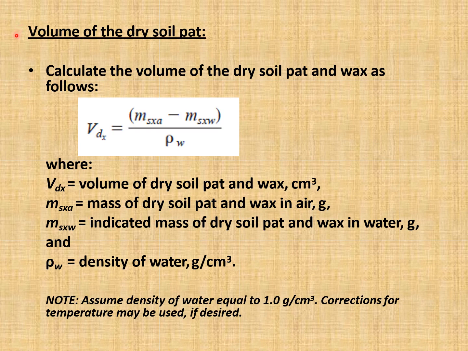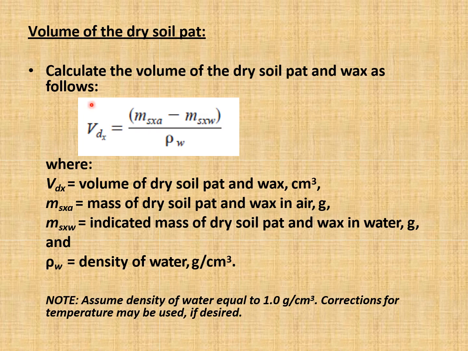Then comes the volume of the dry soil pad. This is also very important. Calculate the volume of the dry soil pad and wax as follows. By using this formula, you can see here V sub dx means the volume of dry soil pad and wax in cubic centimeter, and in the formula M sub sxa is the mass of dry soil pad and wax in air, and M sub sxw indicates the mass of dry soil pad and wax in water, and rho w is the density of water.